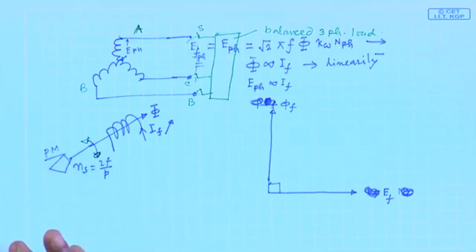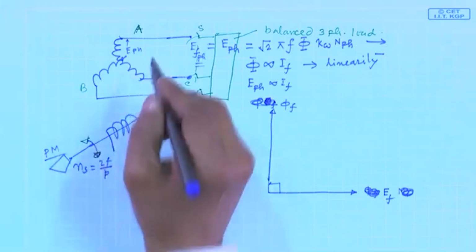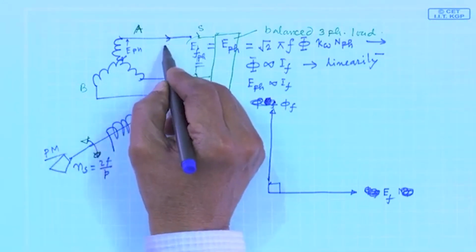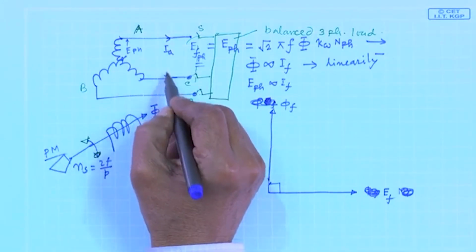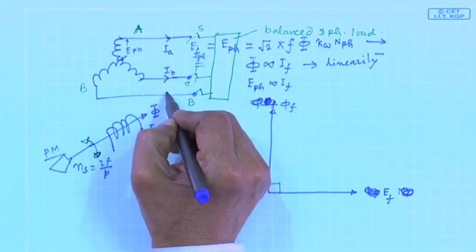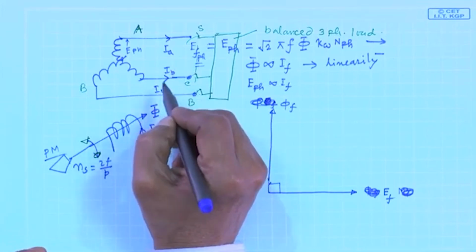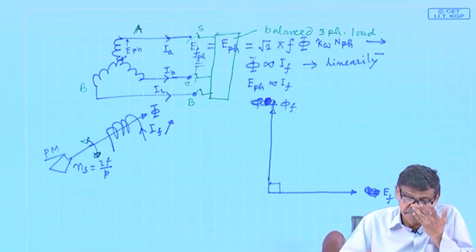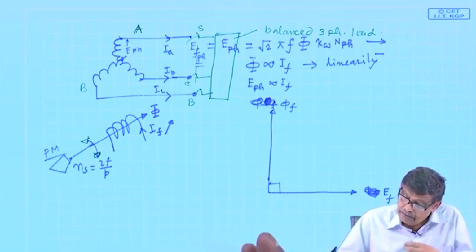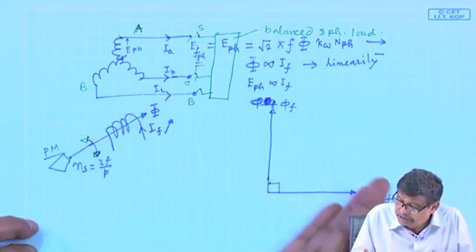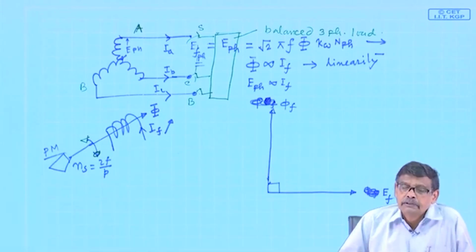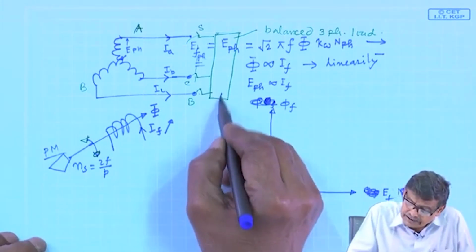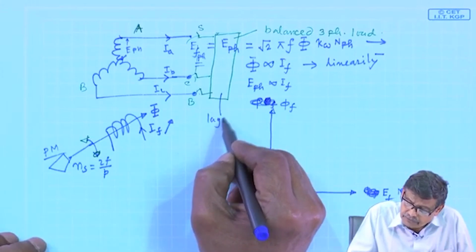Now, there will be currents delivered to the load, and about one thing I am sure, it will also be balanced three-phase current. Why not? Now, the question is, where should I draw the IA phasor? Let us assume I have connected a lagging power factor load.